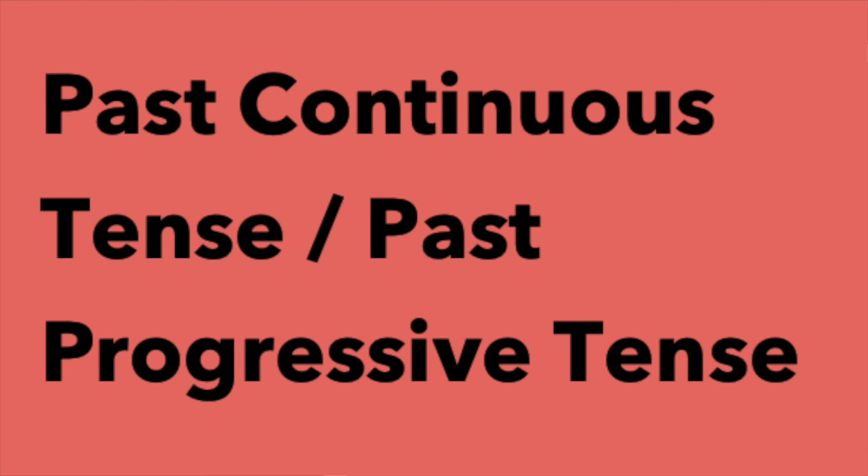To sum up, the past continuous tense is important since it is used when mentioning actions or events that happened at a specific time in the past and which are generally no longer happening now.